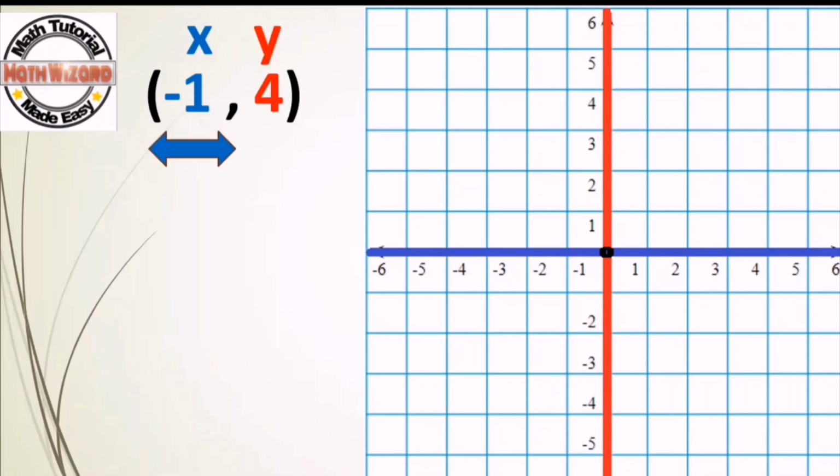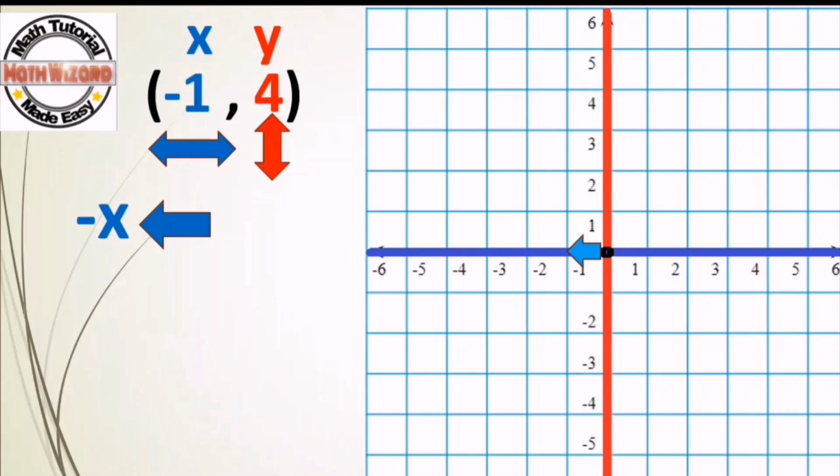Now, since we have an idea already, if it is negative, it goes to the left. How many units? 1. So from your origin, you count 1 unit to the left. And then observe the value of y, which is equal to 4.